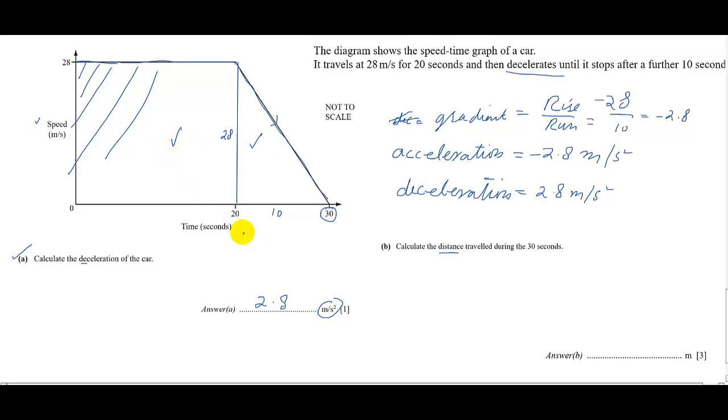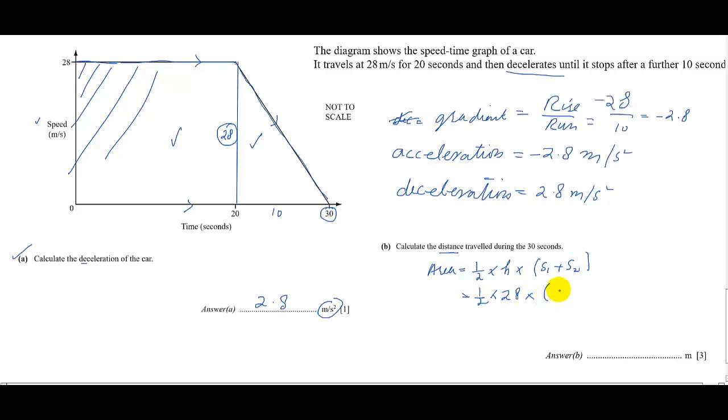And the second method is to find the area of this trapezium. The area of a trapezium is 1/2 times height times the sum of the parallel sides. So here 1/2, the height is 28.